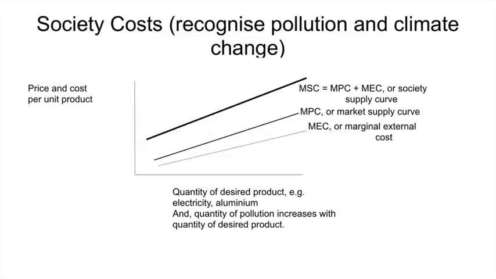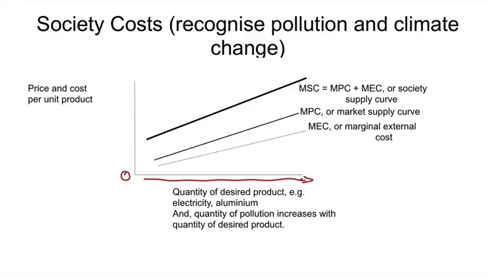So how do we put all this story together? Well, let's again go back to our simple diagram. Again, we've got on the horizontal axis the quantity of the desired product. We've got more electricity, more aluminium, but also it's representing that we've got more pollution.